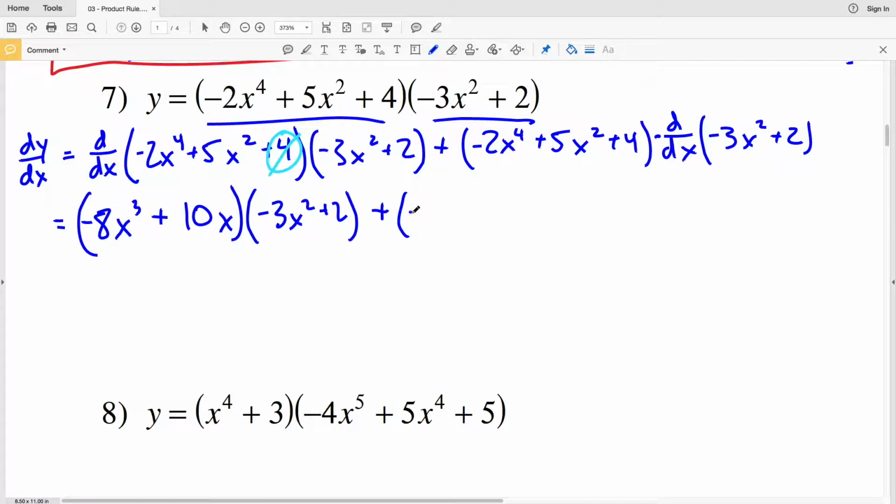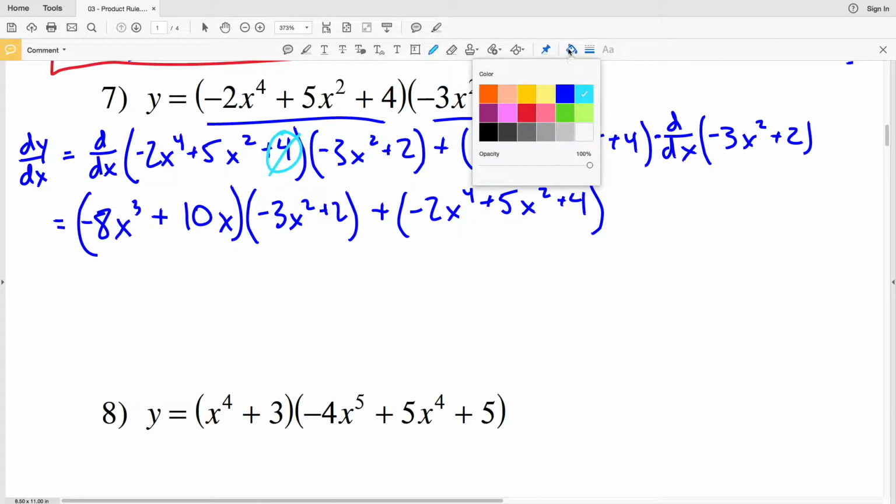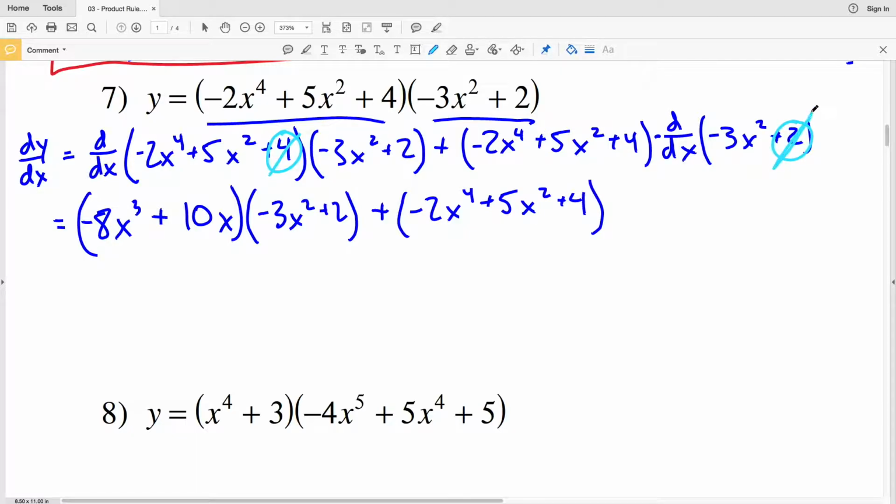So that binomial will get multiplied to negative 3x squared plus 2, and then it will be added to the product of negative 2x to the fourth plus 5x squared plus 4 times the derivative of negative 3x squared plus 2. However, this 2 is a constant, so the derivative of a constant will be 0, and negative 3x squared, taking the derivative of that, will get negative 6x to the first, because negative 3 times 2 is negative 6, and x to the 2 minus 1 is x to the 1, or simply x.